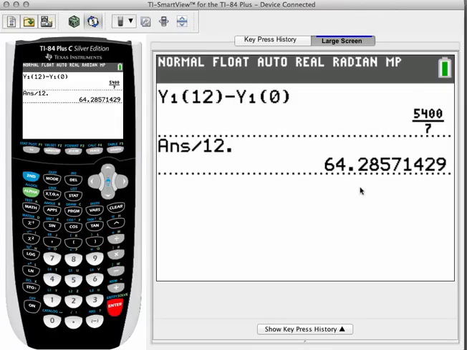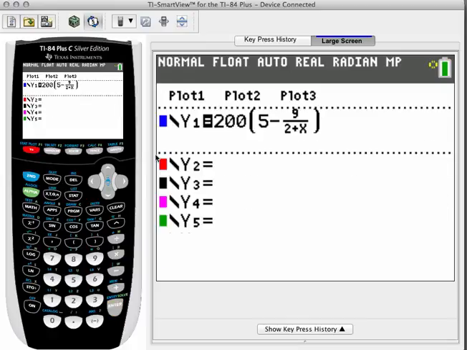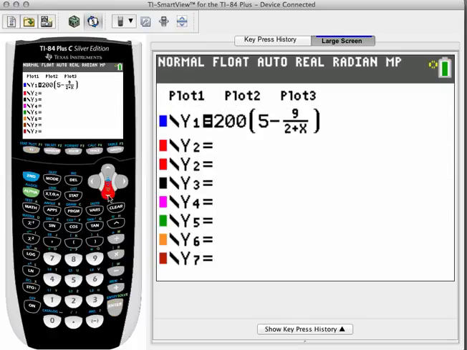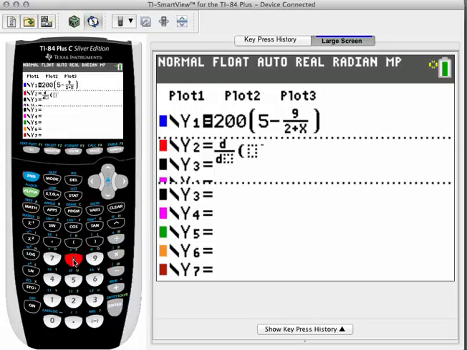So one thing I might want to do is take this 64 value and go ahead and store that. I'm just going to call it A because of course, for as much accuracy as we can get, we want to preserve that decimal. So let's go back under y equals. All right, so we want the calculator to graph the derivative of what we have under y1. So remember we can use our nDeriv function, math 8, to do that.